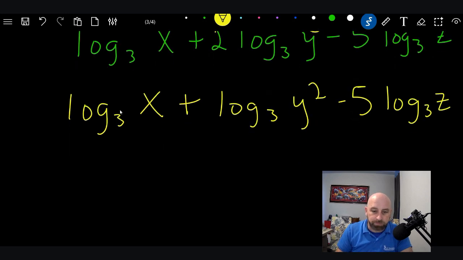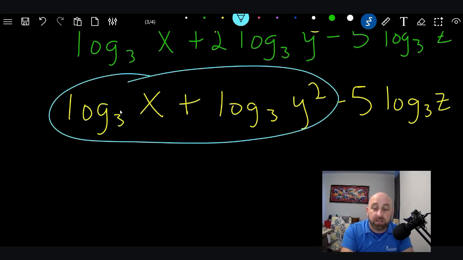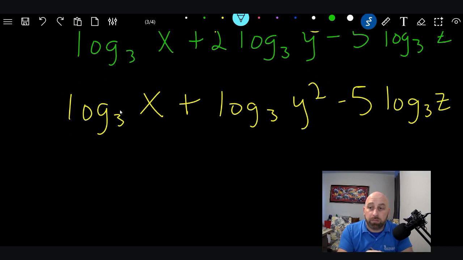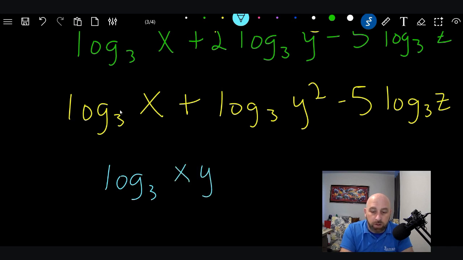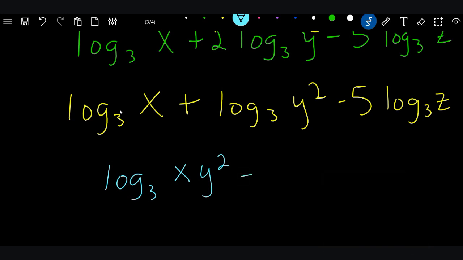Now the next thing I would want to do is turn this into a product rule, turning that back into a multiplication problem. So here I would get log 3x times log 3 y squared, and then that would be minus 5 log, oh, I forgot something, log 3z.